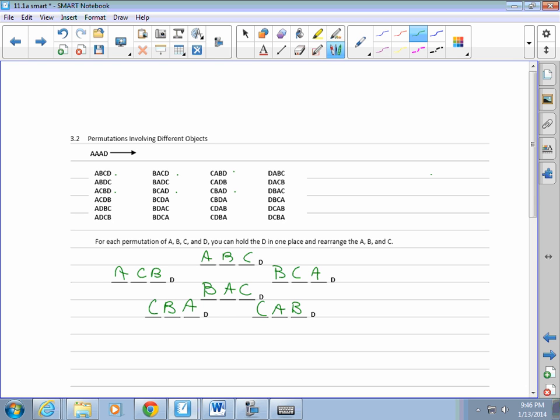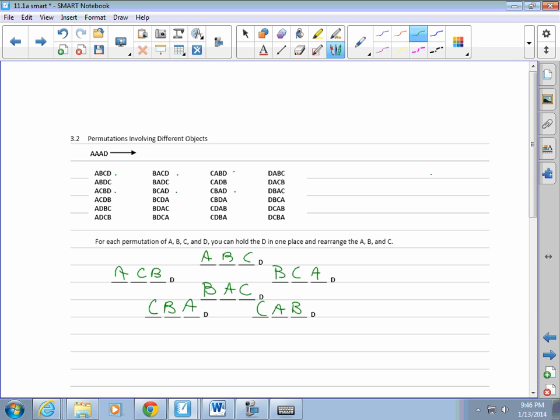So when D has a restriction on it, what do you find out? So when I say D has to be in one particular spot, and it wouldn't have mattered if I'd said it was the first, second, third, or fourth spot, I just chose the fourth spot for this example. But when I say that D has to be in a particular location, that restricts my number of arrangements or unique sets that I have.